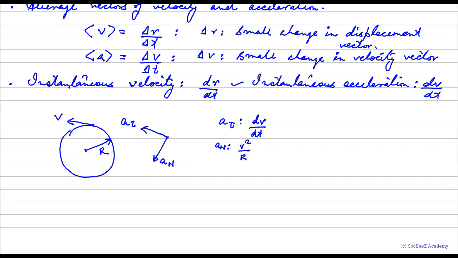This can also be written as omega square into r, where omega is the angular velocity of the body at this instance of time, where omega and v are related by the formula omega equals v by r.